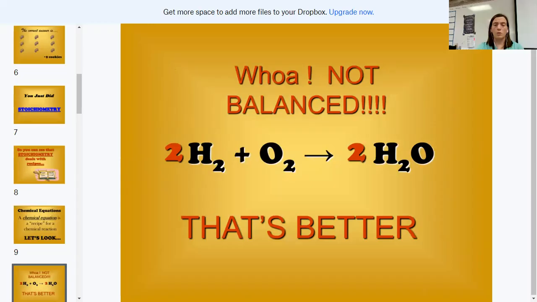When we do chemical reactions, we need a balanced chemical reaction. Here we have the balanced chemical reaction of making water. It takes 2 molecules of hydrogen gas and 1 molecule of oxygen gas to make 2 molecules of water. Again, it has to be a balanced equation.